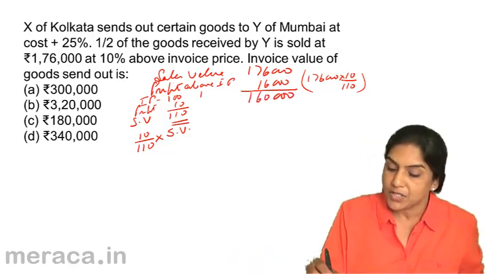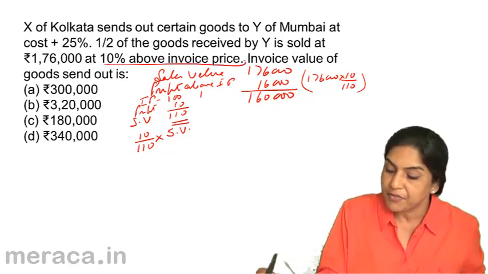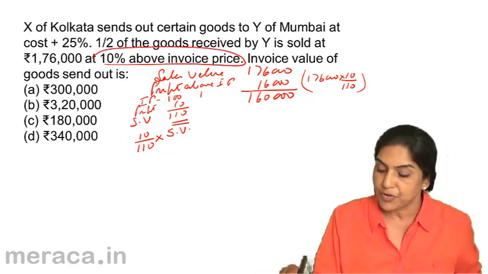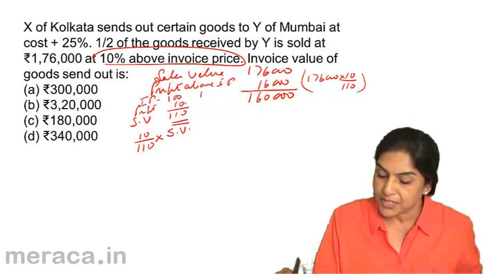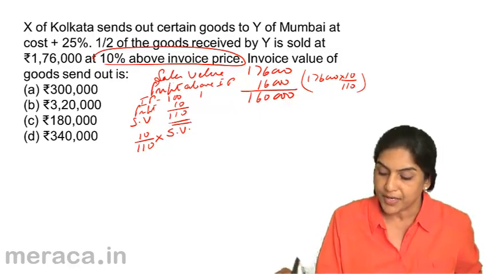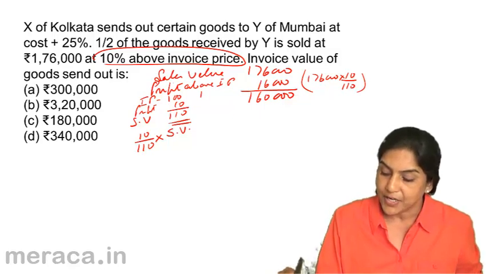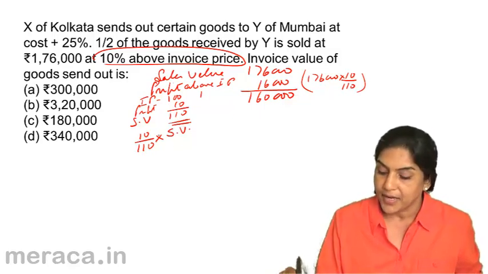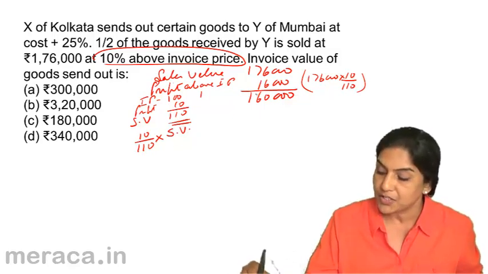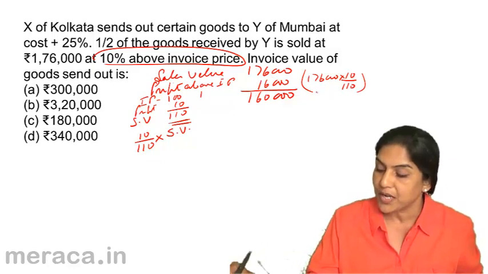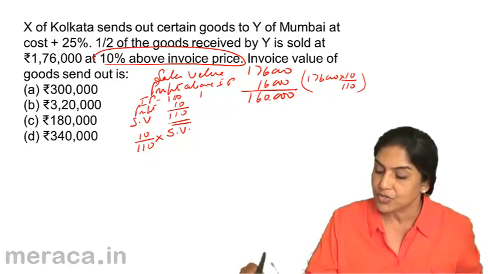This is because it's 10% above the invoice price. So if invoice price is 100, profit is 10, then the sales value was 110. So what is the relation between profit and the sales value? It is 10 by 110 of sales value. 10 by 110 of 1,76,000 is 16,000, which is the profit.